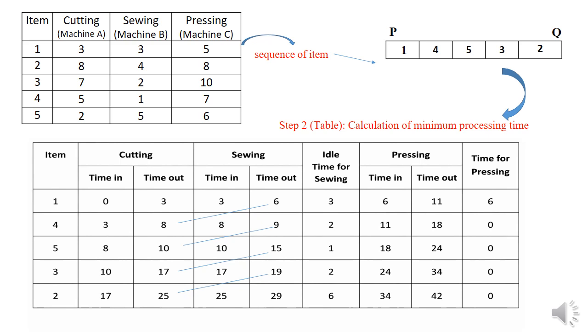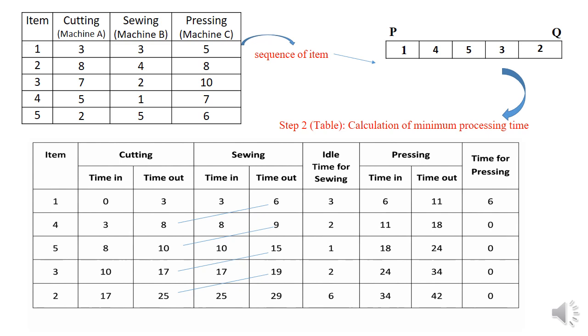The time in of item 2 in sewing machine is 25, though the time out of the previous work in sewing machine was 19.